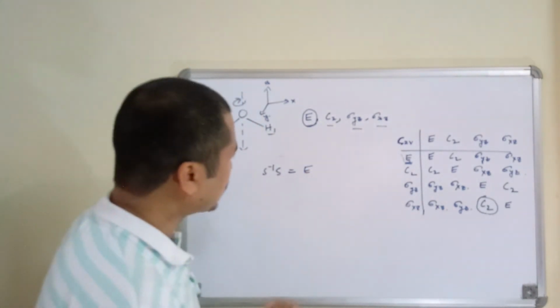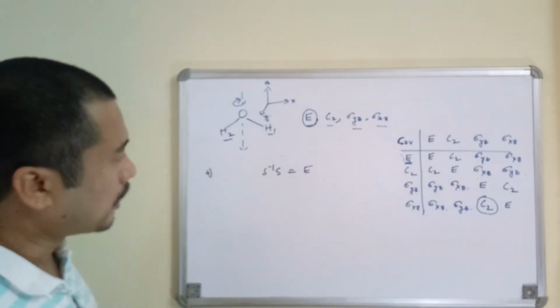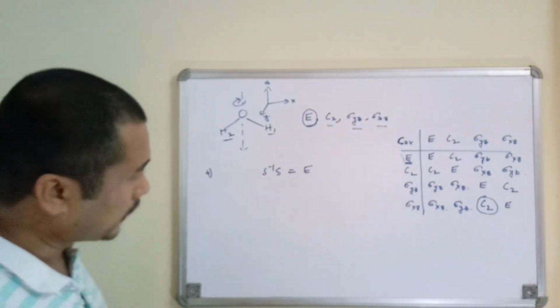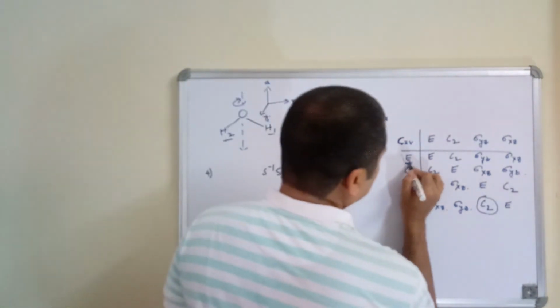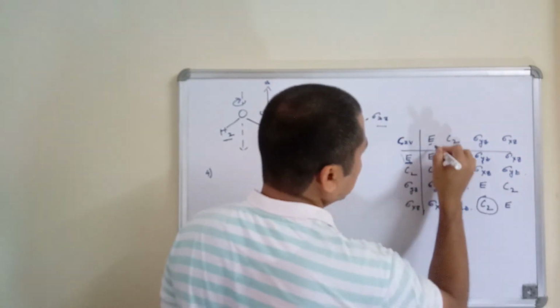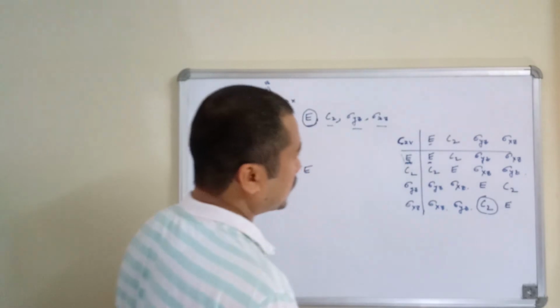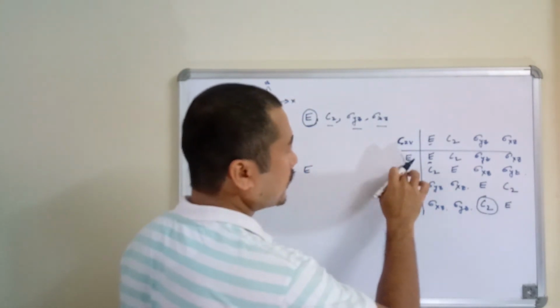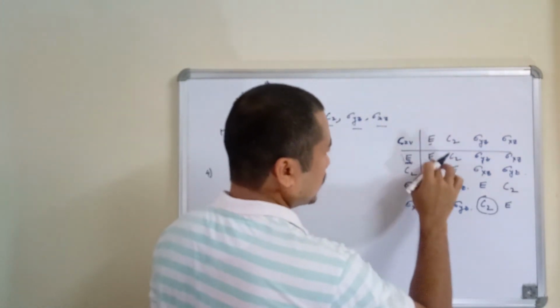So we'll see what the reciprocals of these elements are. The reciprocal of identity is identity itself, because when we multiply identity with identity we get the answer identity.